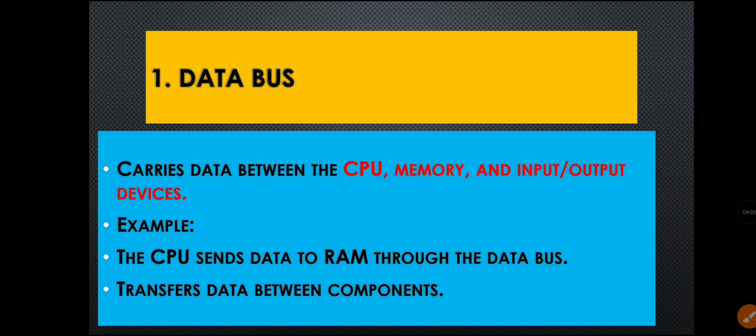For example, the central processing unit sends data to RAM, that is random access memory, through the data bus. So it transfers data between components. I hope my dear students understand the meaning of data bus.